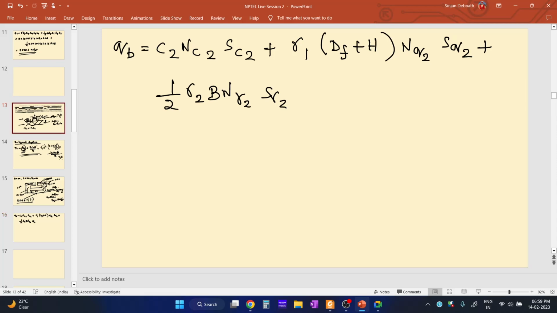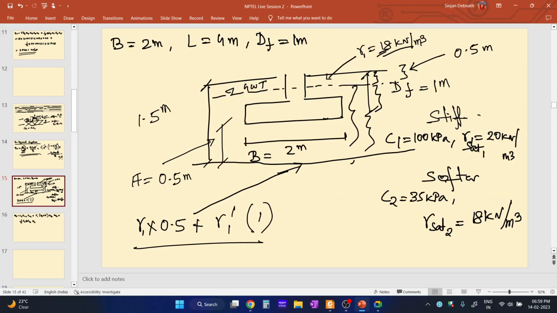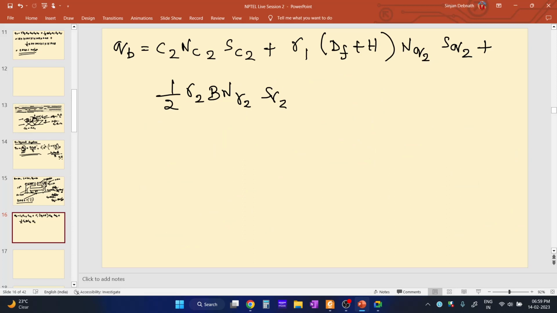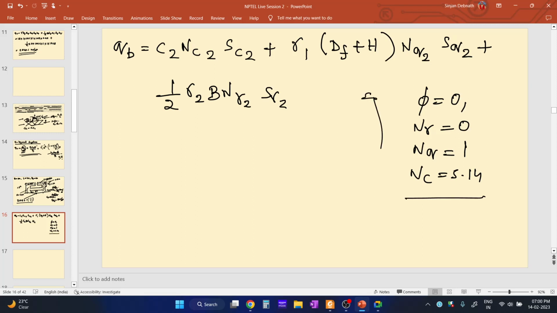Now, both the layers are clay. That means phi is equal to 0. And for phi equal to 0, N gamma is equal to 0 and Nq is equal to 1, right? And Nc is equal to 5.14. So if we incorporate all these factors into this equation, we'll get the result.